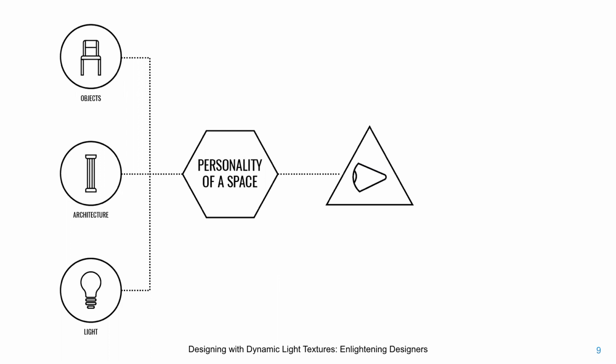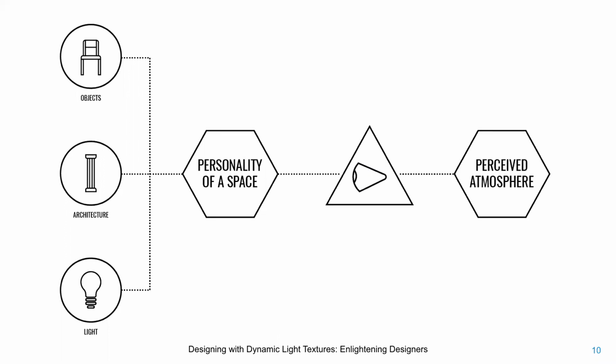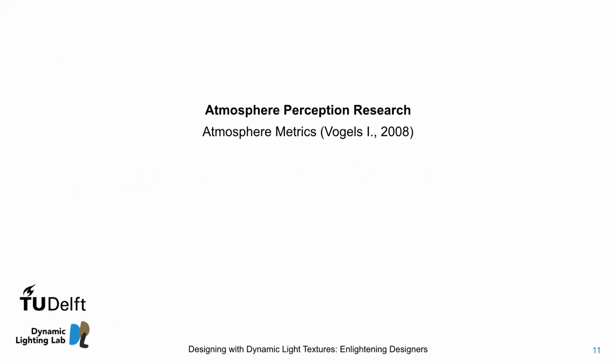And the way in which we interpret this personality of the space and evaluate it, most importantly, is called the perceived atmosphere. So bearing this in mind, and now that we have an idea of what perceived atmosphere actually is, we look at previously done research.